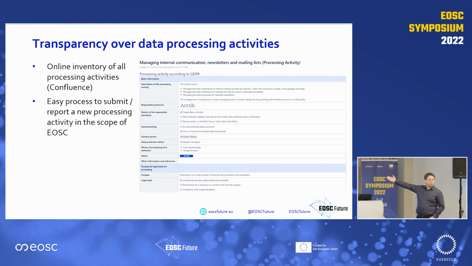So this is the responsible partner, and then we just describe how it is done. So the description is more or less the typical contents of a processing directory. And ideally, we want to achieve this for, let's say, the majority or the most important activities in which personal data are processed within the EOSC Future project.